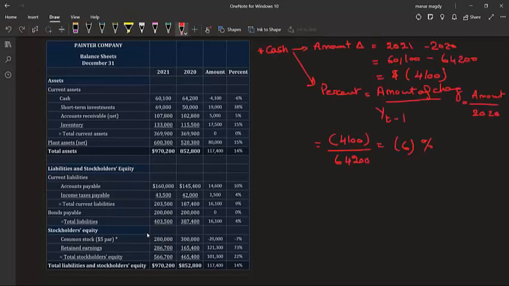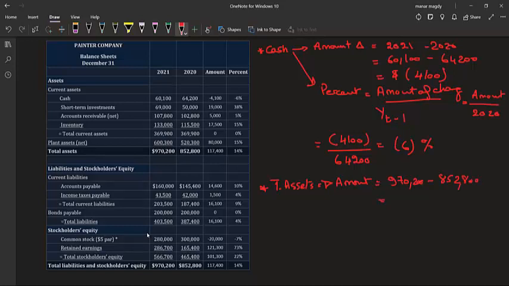Let's take another example to apply it. Here, for example, the total assets, how can we calculate it? If you want it in amount, you write here 2021, 970,200, minus 85,200.